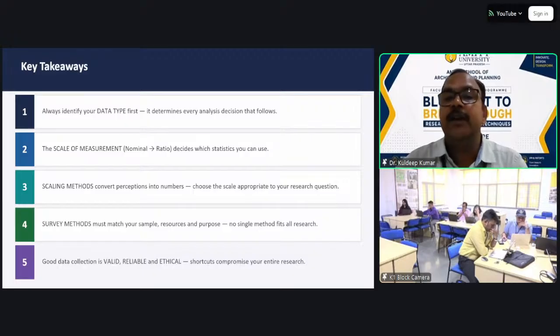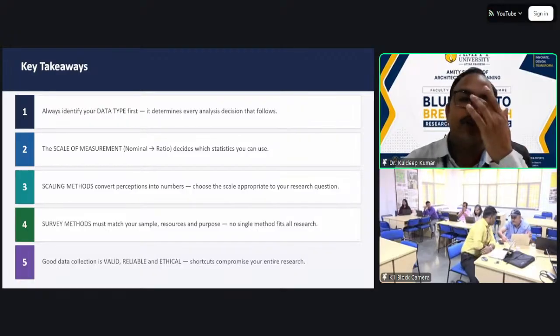Takeaway 3, scaling methods. This is how you convert human perceptions, attitudes, and opinions into measurable and comparable data. For this, the Likert scale, semantic differential scale, and other techniques are precision instruments. Use them deliberately. Takeaway 4 is the survey method.